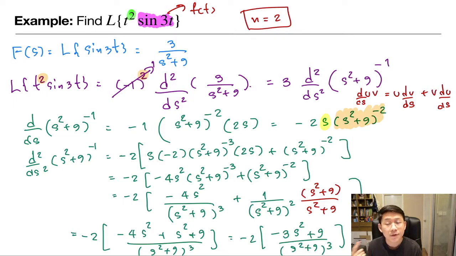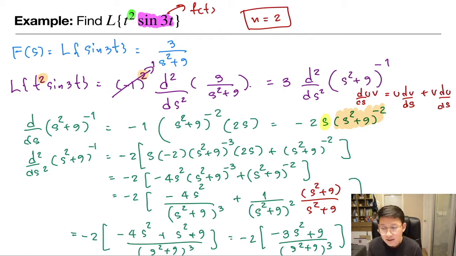So we need to first find the Laplace transform for f(t), which is the Laplace transform for sine 3t, and that is 3 divided by s squared plus 9. It's this guy. That is easy from the formula, right? We have the formula of sine kt, it's k divided by s squared plus k squared.